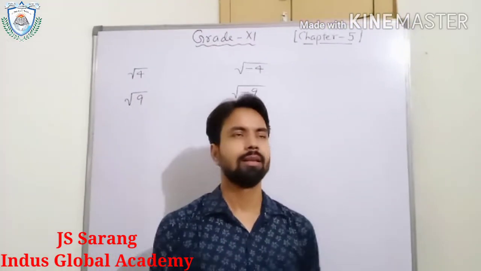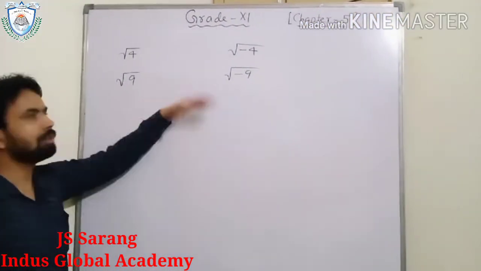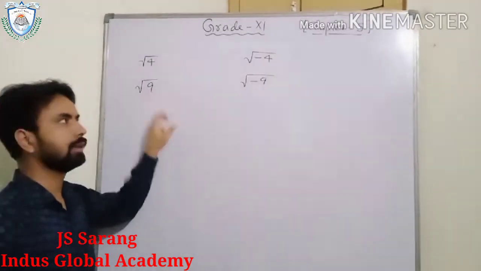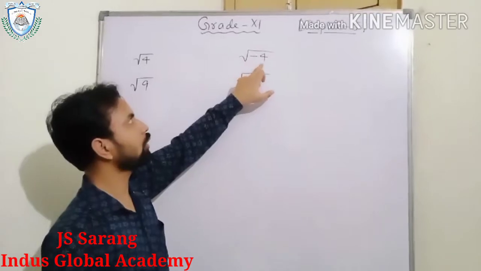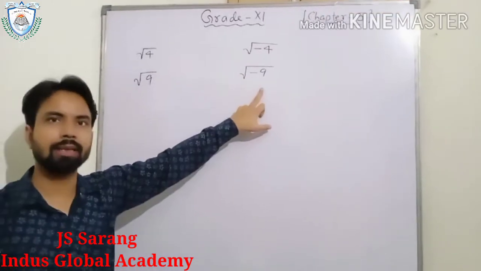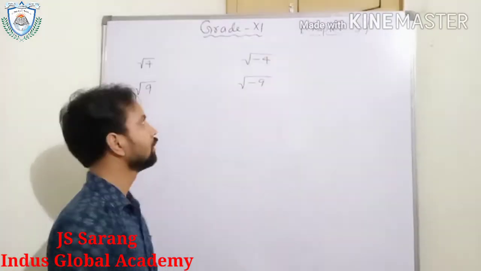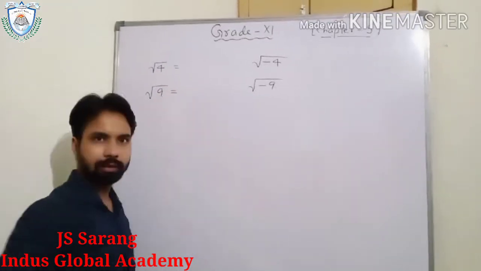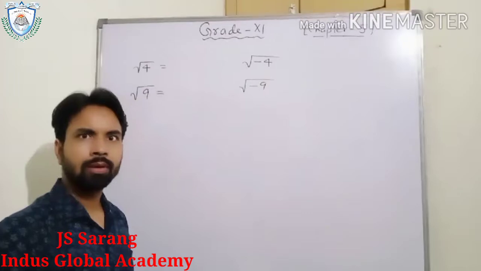Now students, you have to tell me, there are some numbers. One is square root 4, another is square root of 9. Now here, square root of minus 4 and square root of minus 9. My question is, what is the value of square root 4 and square root 9? You know?